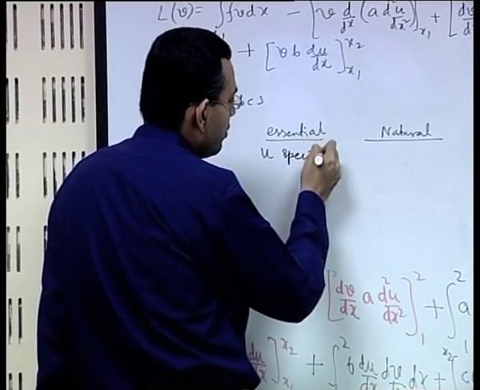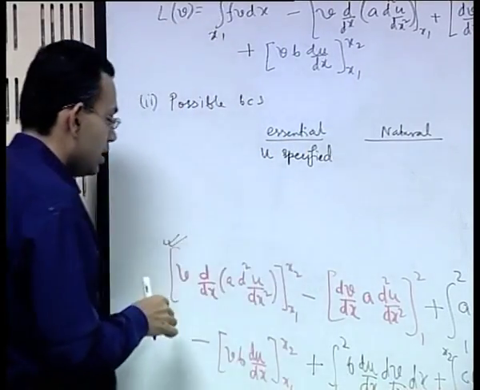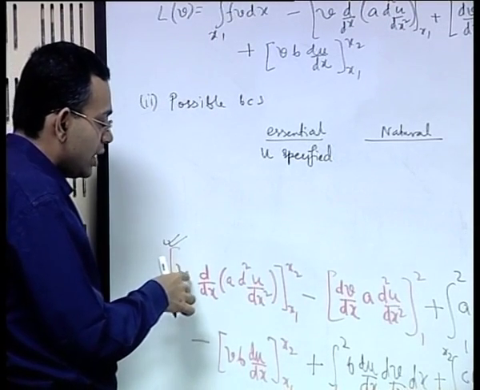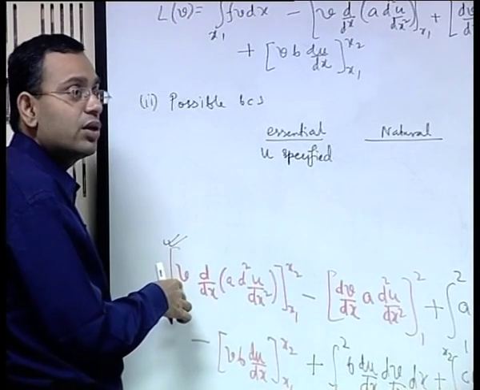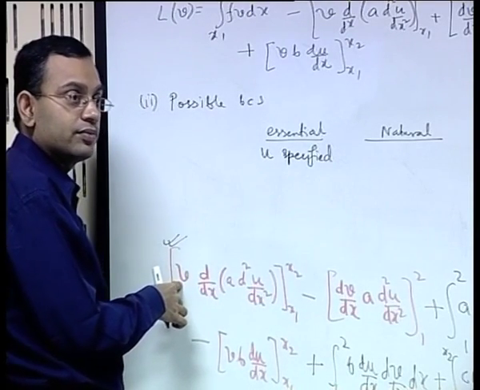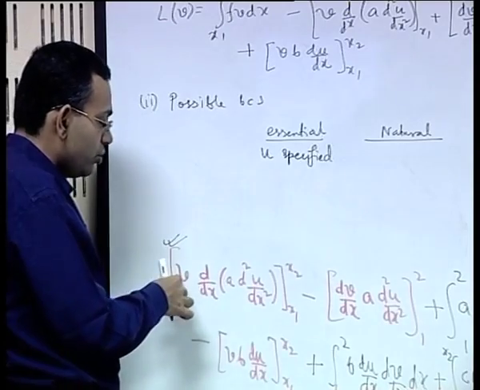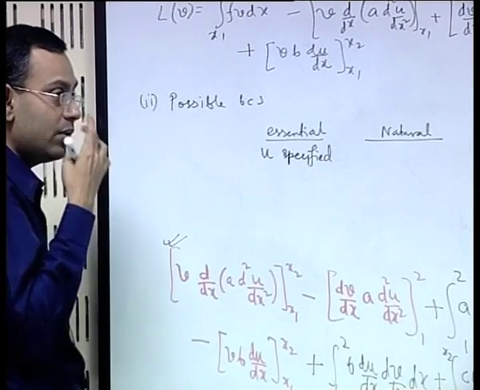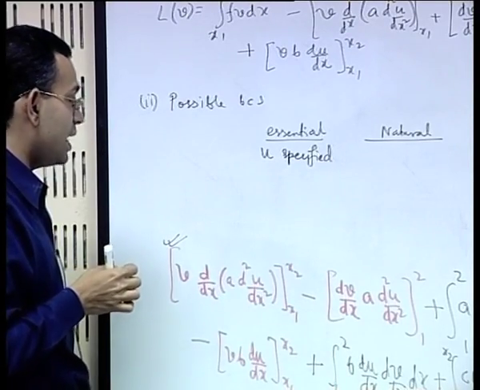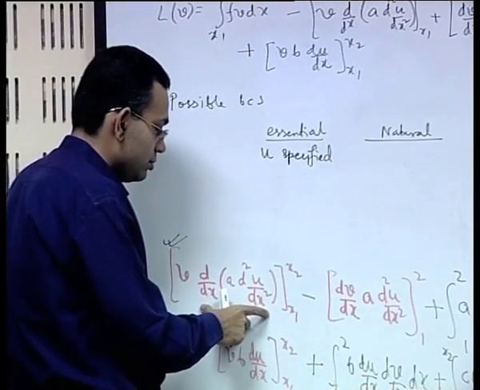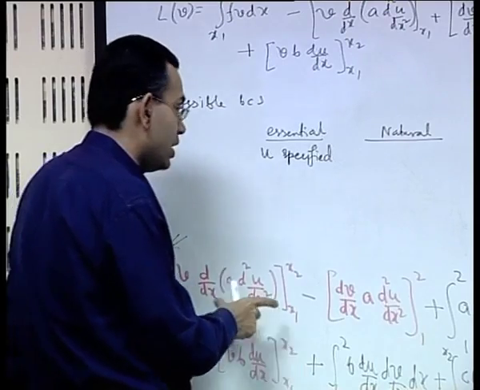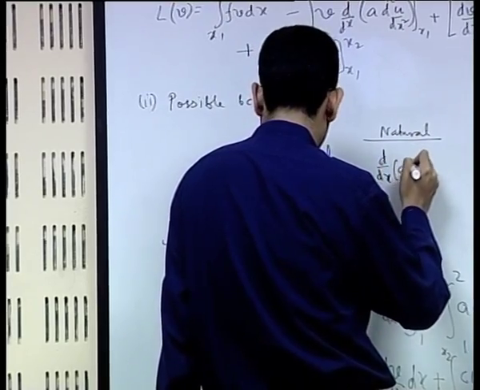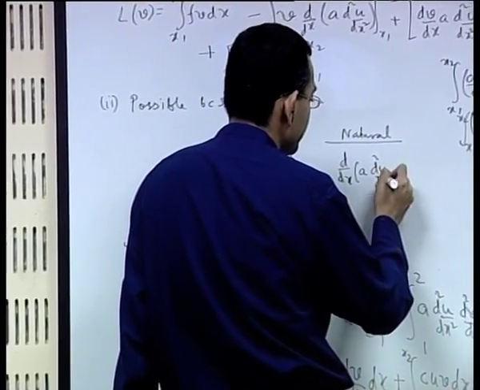Remember, essential boundary condition is the specified value on the variable the corresponding variation of which appears in the boundary term. So, delta u is equal to v, therefore u specified is the corresponding essential boundary condition. And what is the natural boundary condition? The remaining what is there in the boundary term. So, d dx of a d2u dx2 specified.